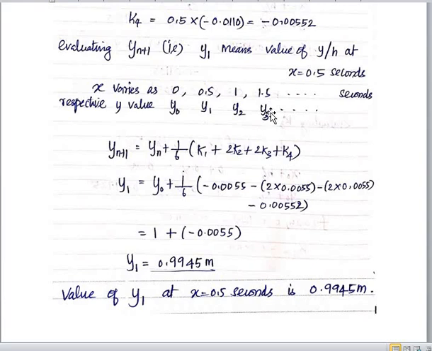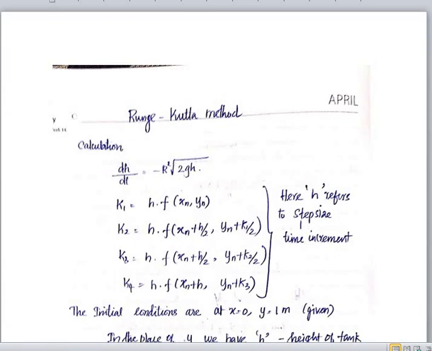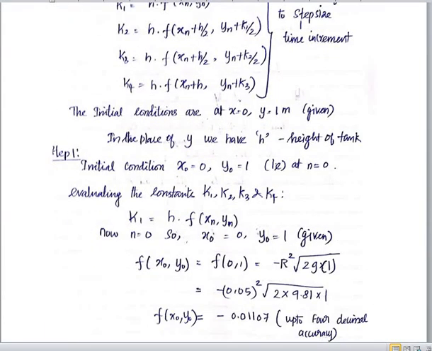So in order to make this calculation simpler, we are going to do these calculations using Excel. First you should understand these calculations, how the y values are evaluated for every time interval.